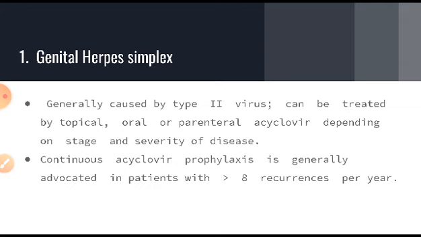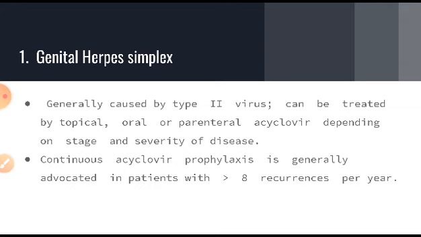In the case of recurrent disease, topical therapy has been found ineffective, and response to oral therapy is also slow and incompetent. It may be treated parenterally with 5 mg per kg IV, infused over 1 hour, repeated 8 hourly for 10 days.